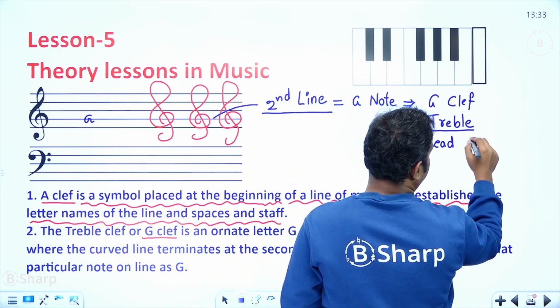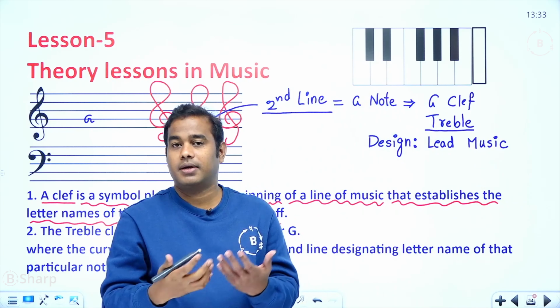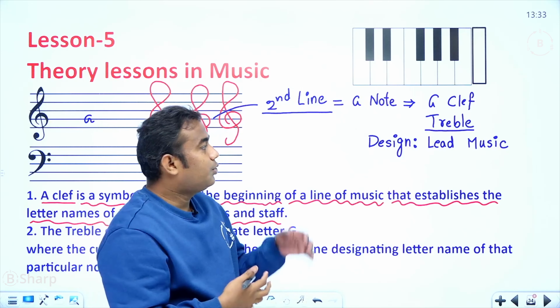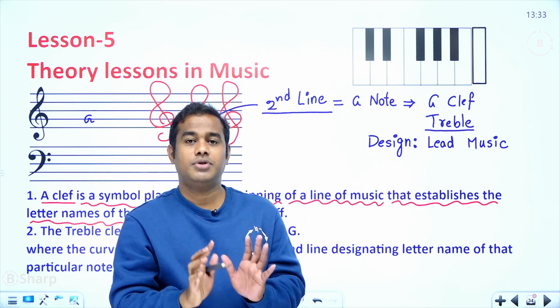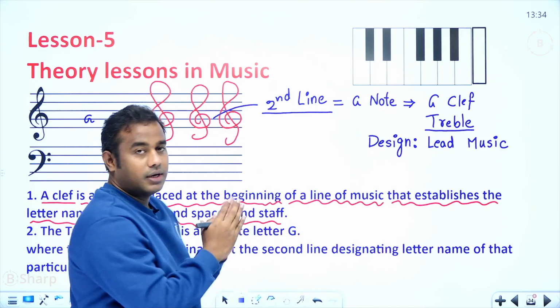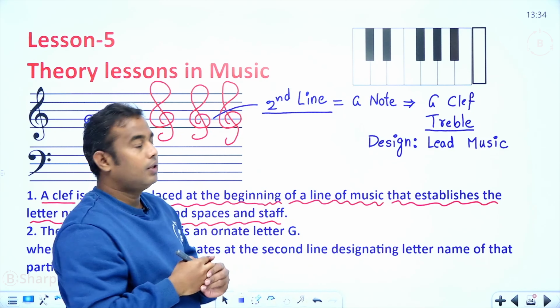You want to sync the voice with the piano, or a guitar with the piano, or a guitar with a voice, something like this. You want your main content of the music to be heard in a somewhat higher pitch. That's the reason all those notes are usually written in the G clef. So this is one point.